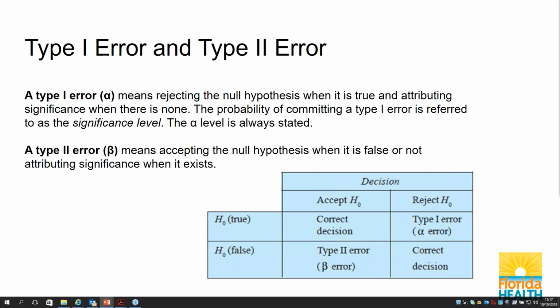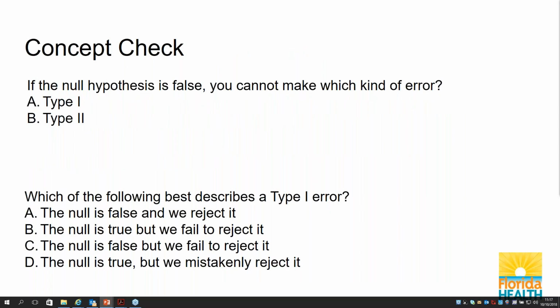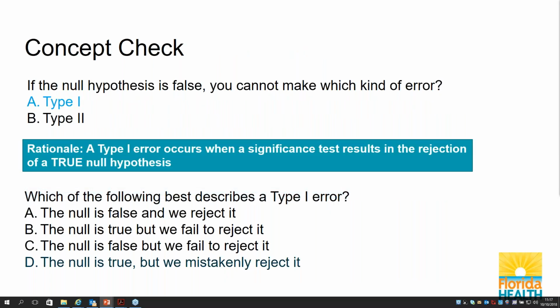We don't believe in the null, even though the null is the correct answer. So the correct answer for this one is going to be that the null is true, but we mistakenly rejected. It's not that we failed to reject it, it's that we mistakenly reject it. Do you see why she's putting but we mistakenly rejected? Because it's pointing to the fact that it's a type 1 error.